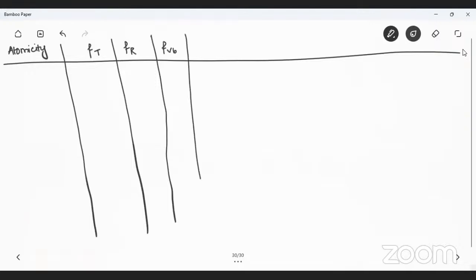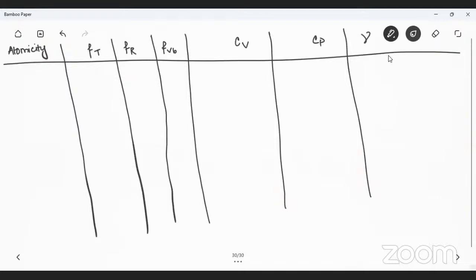This is something I need to draw a conclusion from, that is the reason I'm dealing with it. CV, CP, gamma. Mono, di, and tri.